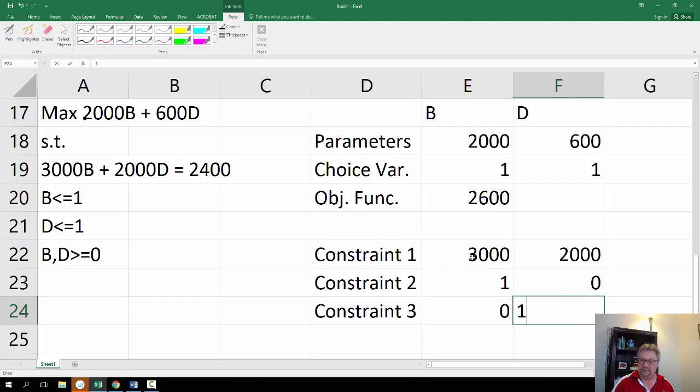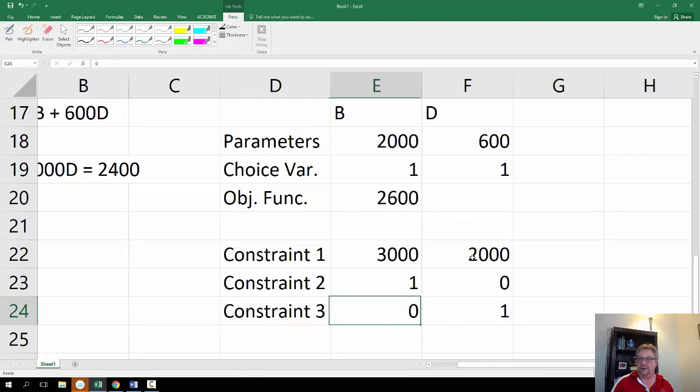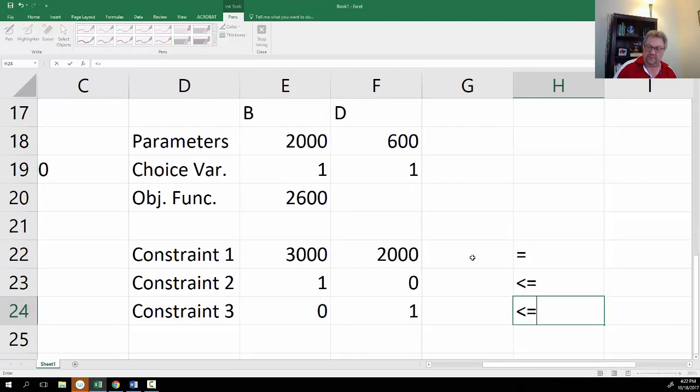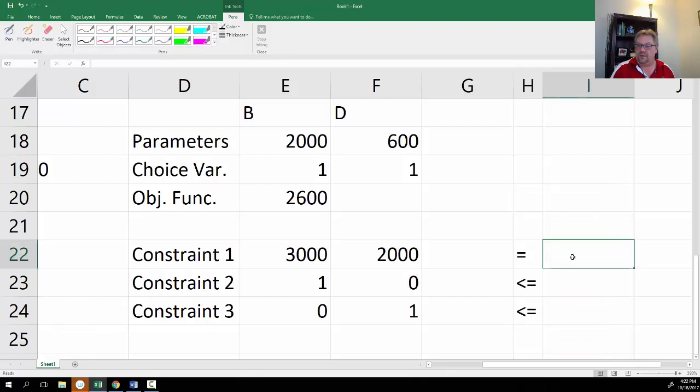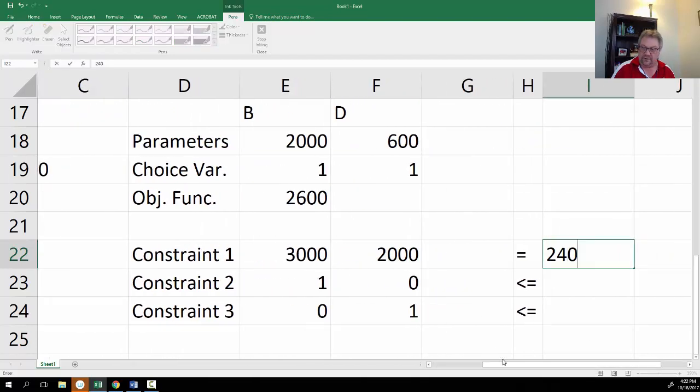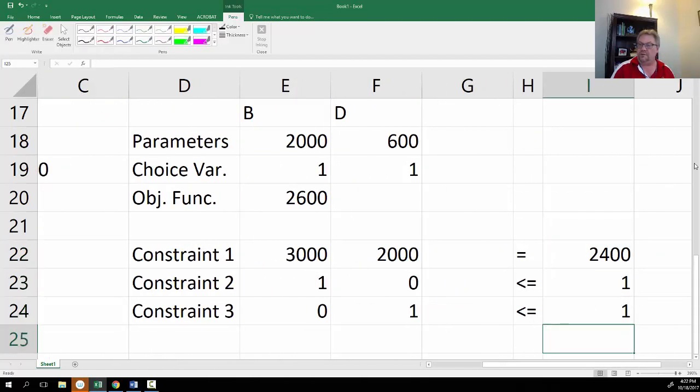Constraint 3, 0, 1. Leave these open. So this was equal to, less than or equal to, less than or equal to. Make that a little smaller. This one, 2,400. Okay, so 2,400, 1, and 1. Let's make that a little bit smaller.